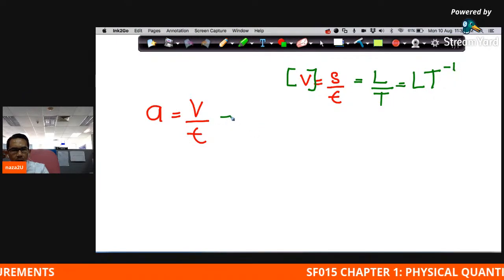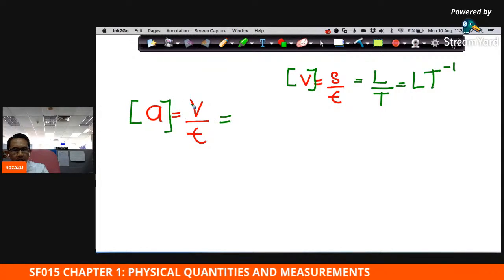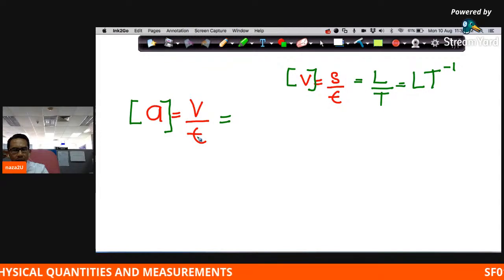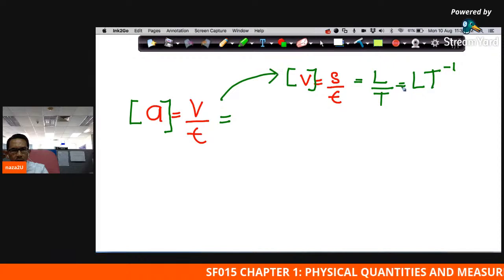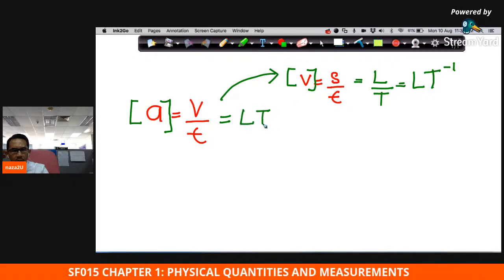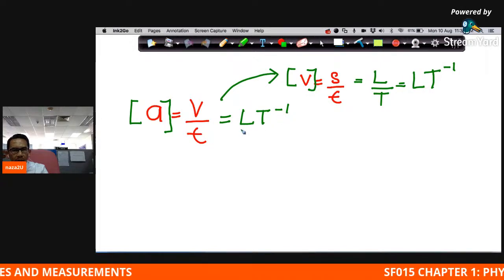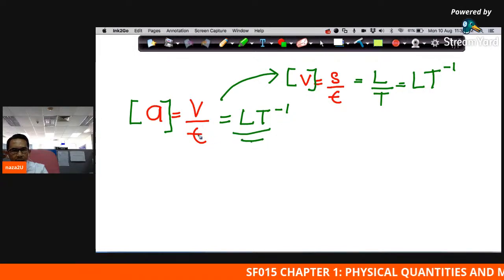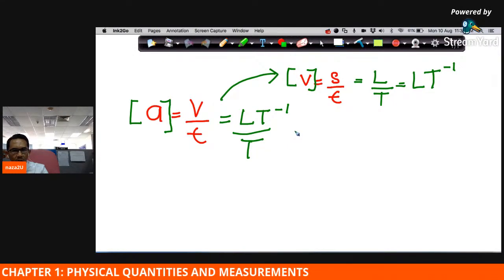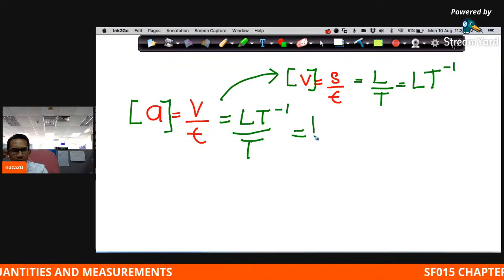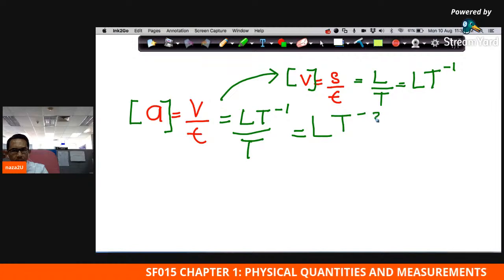So now the dimension of the acceleration A is velocity divided by time t. The dimension for V here is LT minus 1, divided by the dimension for time, which is T. Or you can simplify it further by bringing T up: LT minus 2.